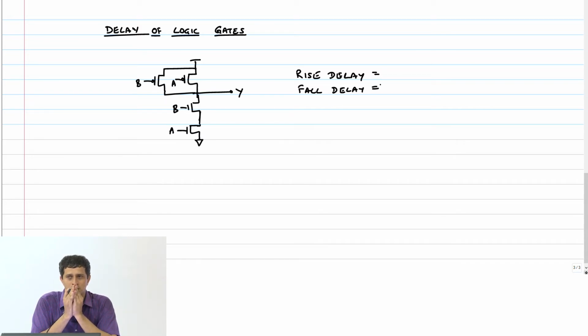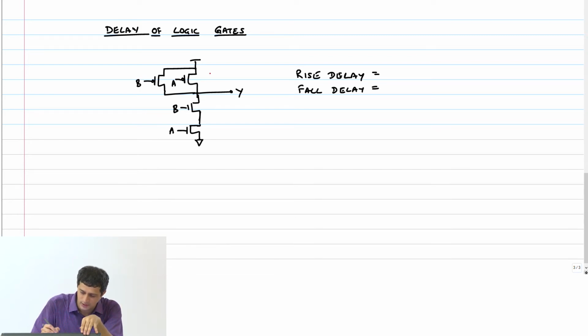Now, in each rise and fall, there are two kinds of delays that we will see: the worst case delay and the best case delay. Why is that? Because, for example, if you take the rise delay, only one transistor pulling up the output would be the worst case delay, right?